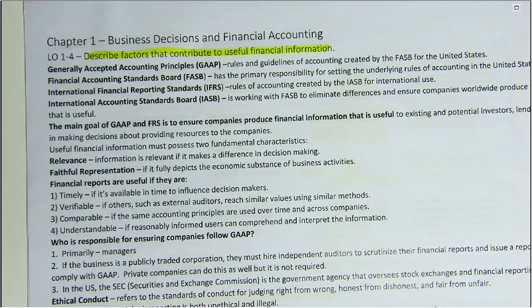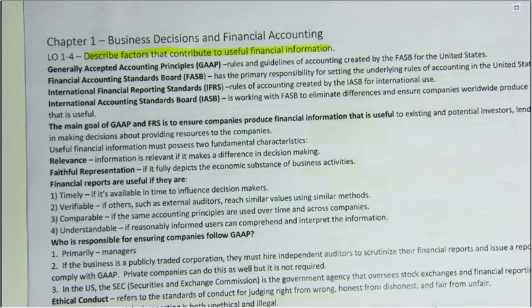It seeks to provide useful information for individuals or companies who need to make decisions about companies. Primarily, we focus on creditors and investors. And we do that by analyzing, recording, and summarizing business activities in reports called financial statements.